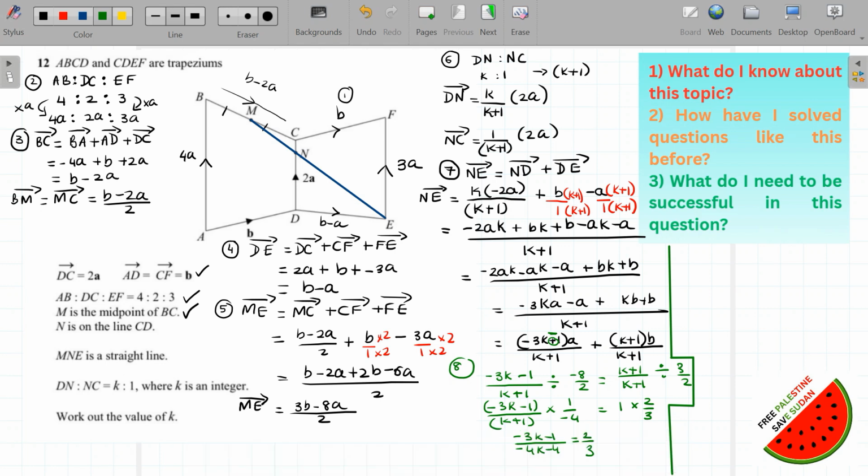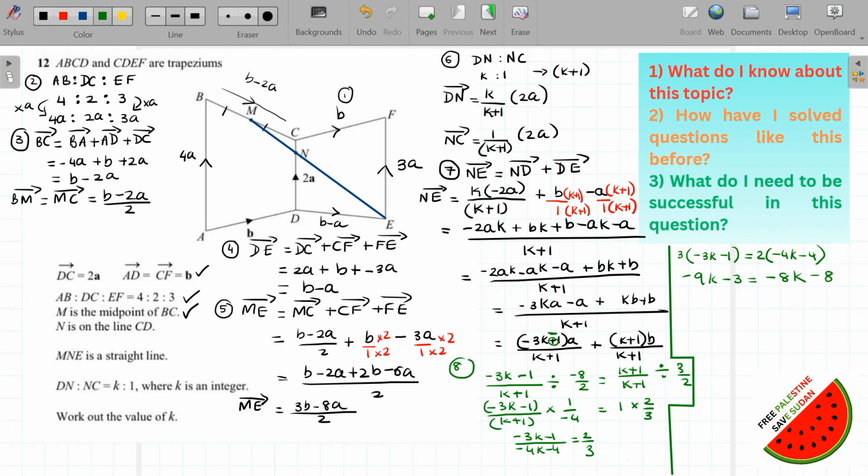And then I cross multiply, so I have 3 times minus 3k minus 1 is equal to 2 times minus 4k minus 4. I expand this, I get minus 9k minus 3 is equal to minus 8k minus 8.